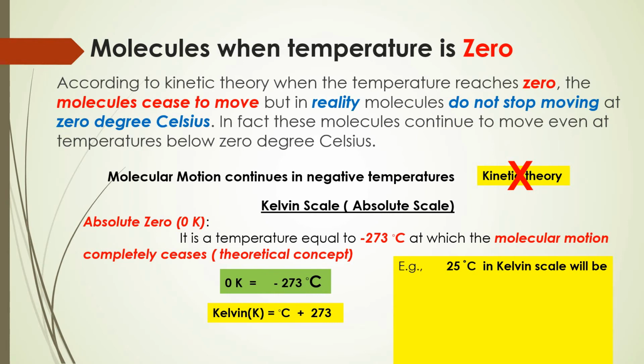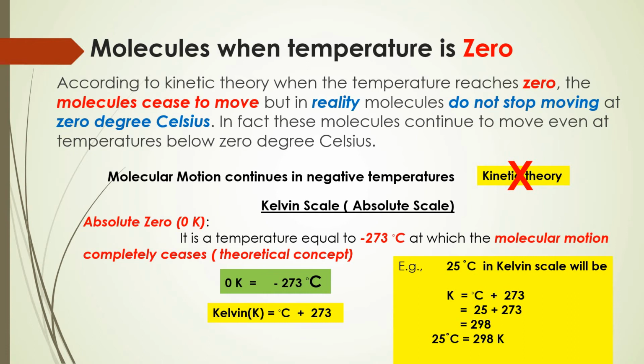To convert this to the Kelvin scale, we use the relation of Kelvin and Celsius. The Celsius value is 25, so 25 needs to be added to 273, which is equal to 298. Therefore, 25 degrees Celsius is equal to 298 Kelvin. This is how we can convert Celsius scale to Kelvin.